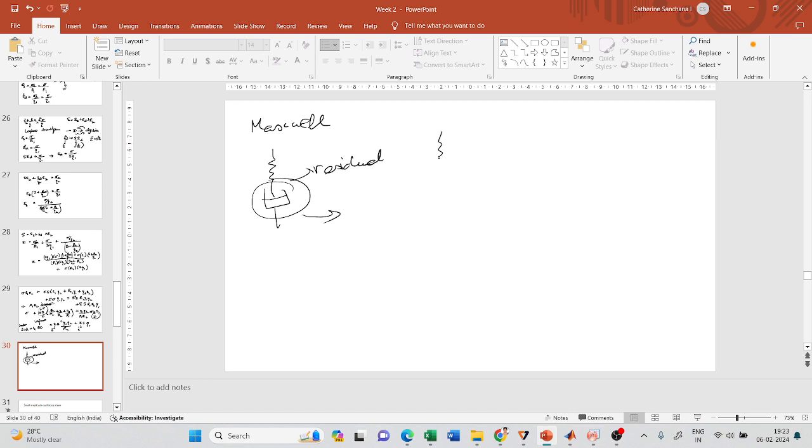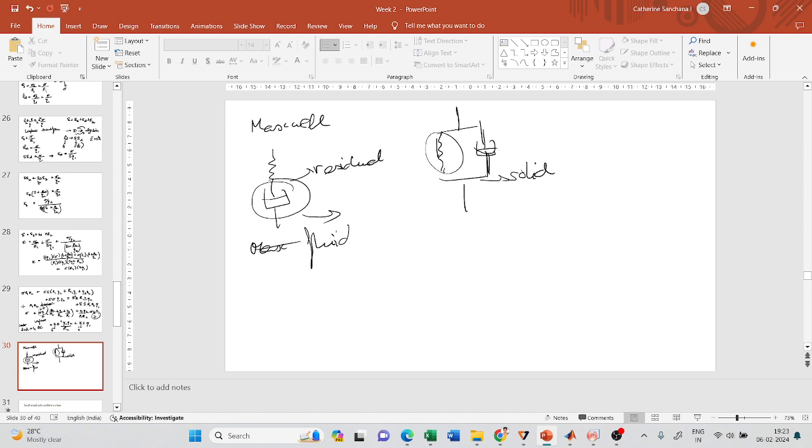Had it been connected in parallel, this also has a dashpot, but if it is connected in parallel, then the spring will make sure that the residual strain is zero. It will try to bring the dashpot to zero. So a Kelvin model is a solid model, and a Maxwell model is a fluid model.